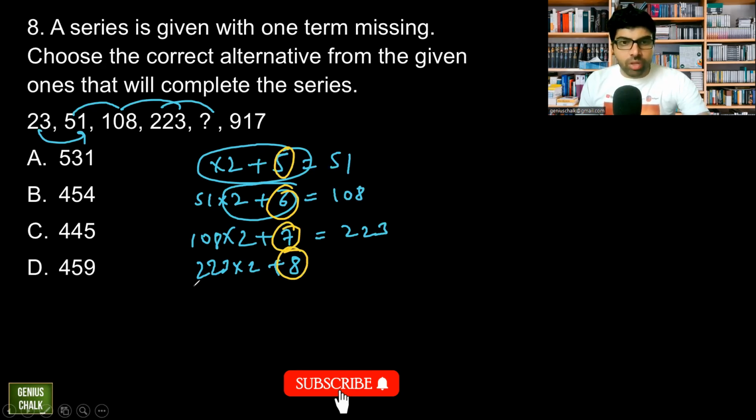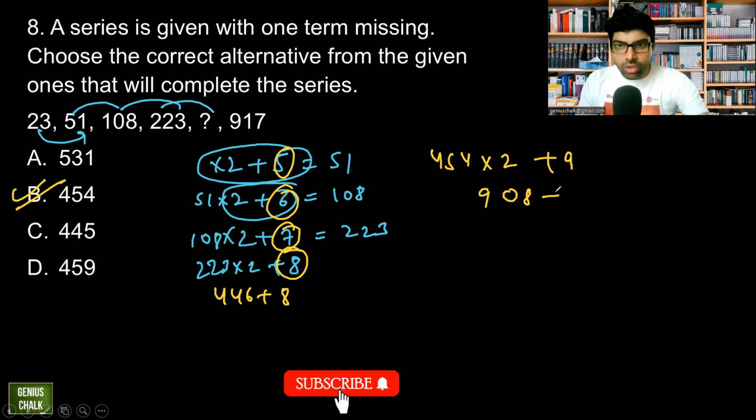So this is 446 plus 8. It's 454. That is option B. You can check further. 454 into 2 plus 9 should be the answer, so 908 plus 9, that becomes 917. So here it must be 454.